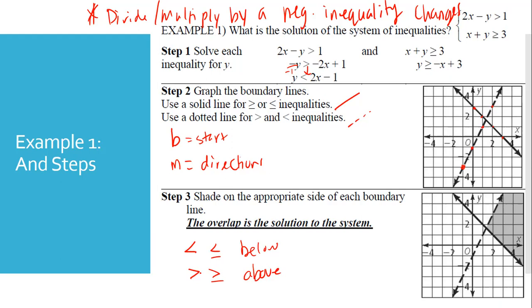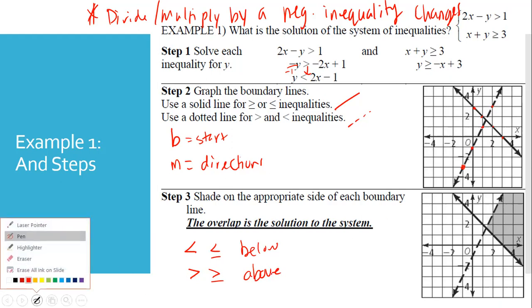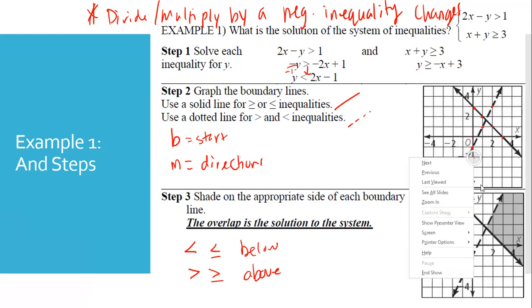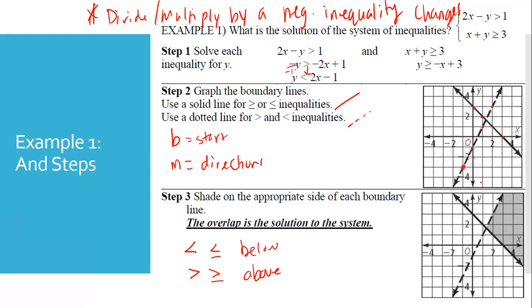If you get confused, just choose a point and test it out. For example, if I have y is less than 2x minus 1, I can choose a point below the line, let's say 0, negative 2. If it makes a true statement, then I know I'm in the right place.